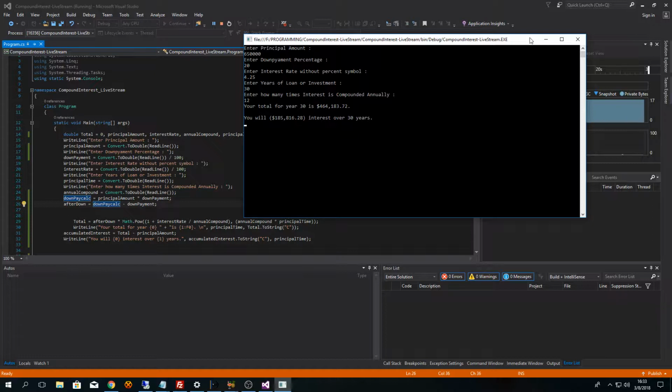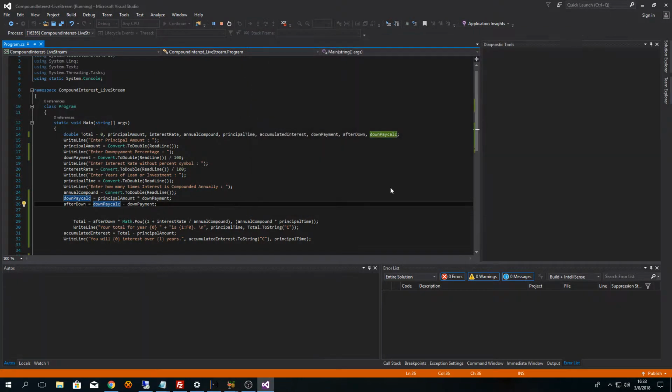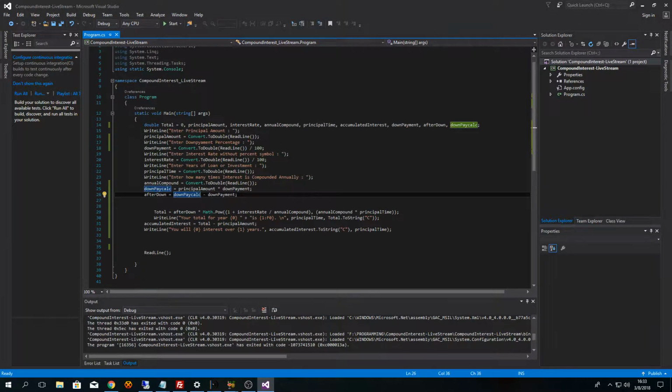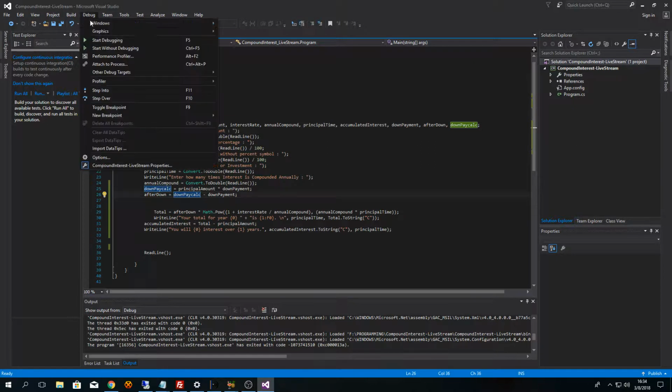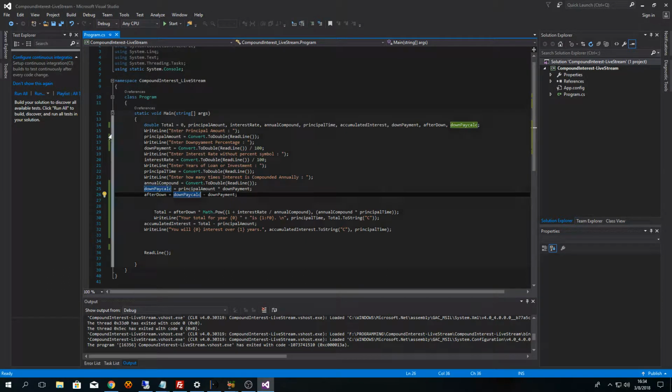So you wind up paying $464,000. That still doesn't make sense. So this is also a little trick. If you want to see what's going on with your project, we'll show you how to debug.